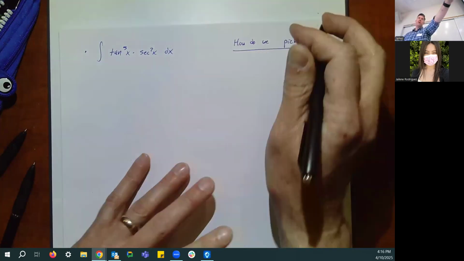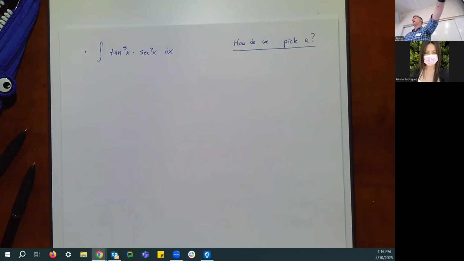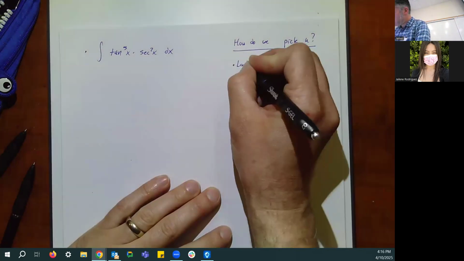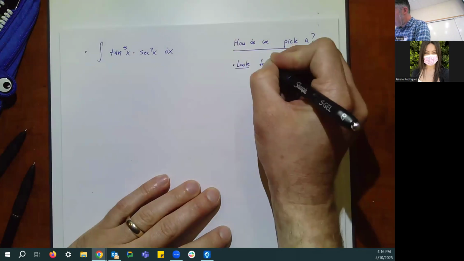There are two things you want to look for. I should say, actually, there's one way to help you decide, and there's one thing you want to be true. So look for things that are stuck.